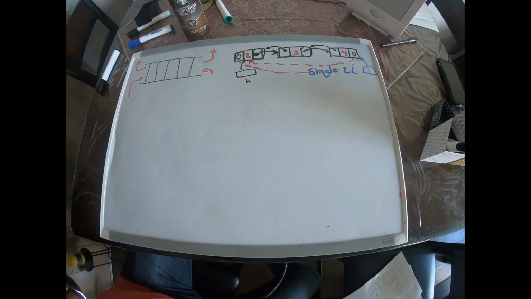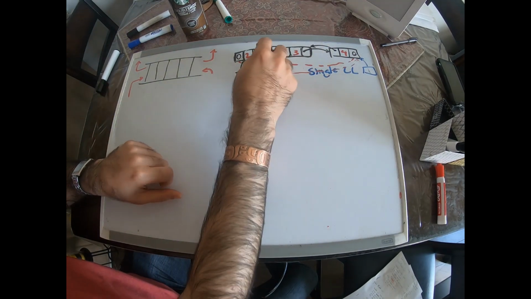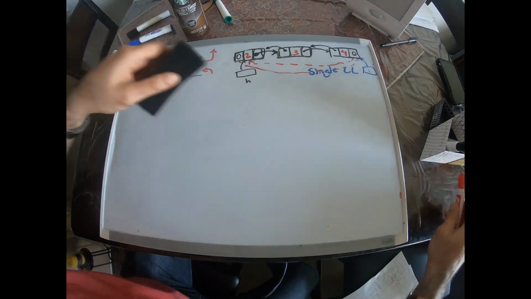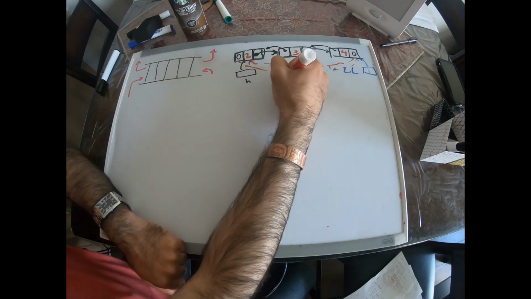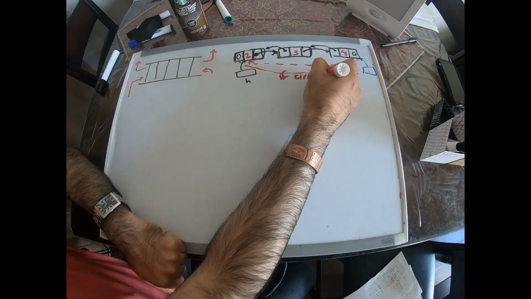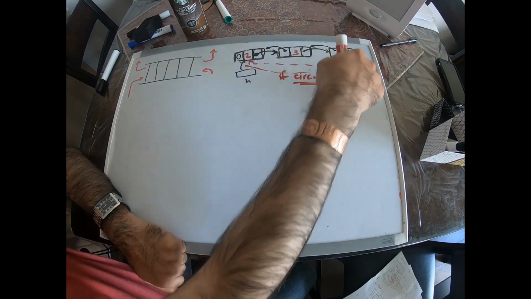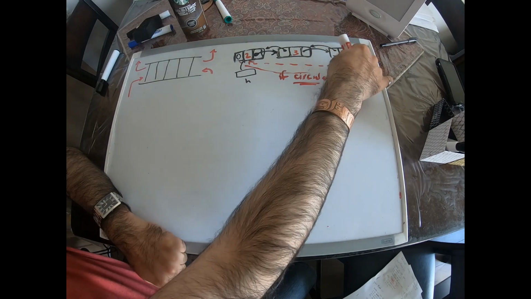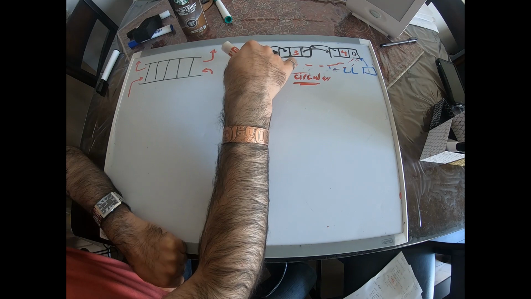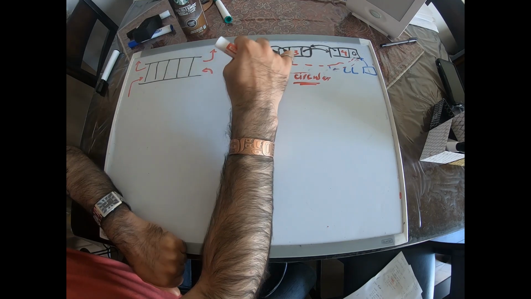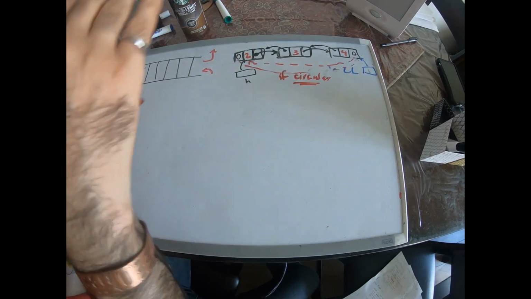That's why it's called a doubly linked list. But this is only if circular. Otherwise, these are going to be null. If you want to make it circular, they're not null. This pointer is going to point to the first node, and the previous pointer of the first node is going to point to the last node. We make it a circle. We wrap around.